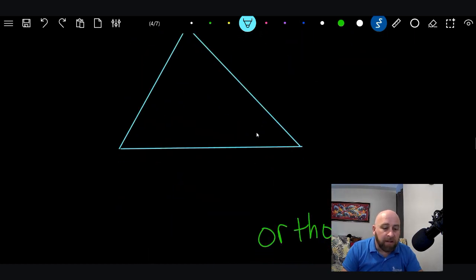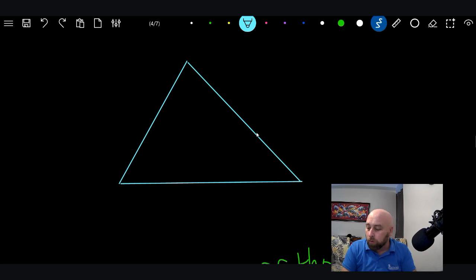Okay, the next one is called the orthocenter, and that is on the bottom of page 110, corollary 29.1. What we find here is that if we take the three altitudes of the triangle, so what is an altitude?